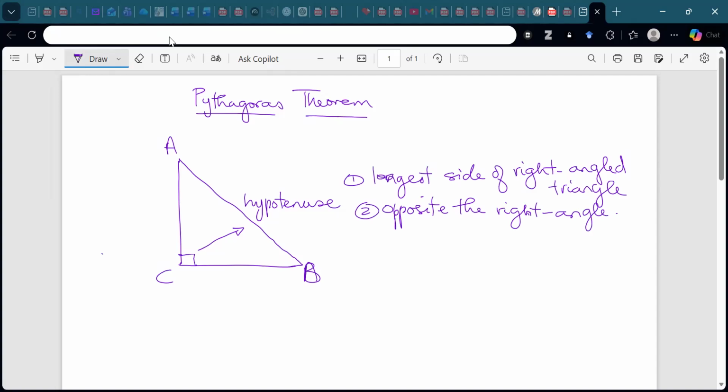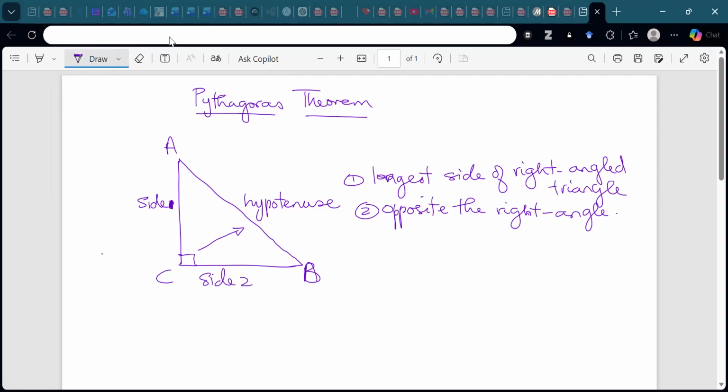All right, so those are important things to know about the hypotenuse. Now, there are three sides in the triangle, so in reference to the hypotenuse, this one would be side 1, and this side would be side 2.